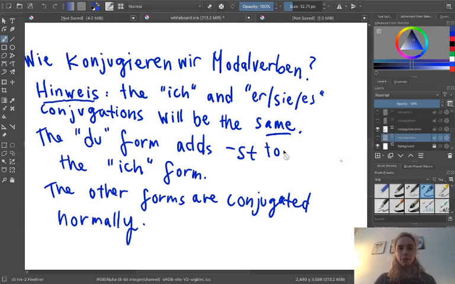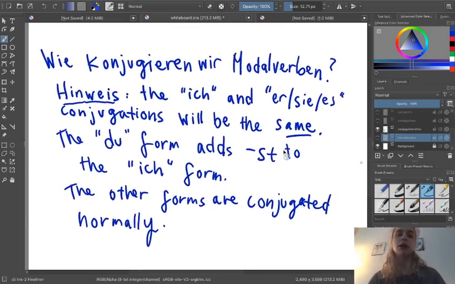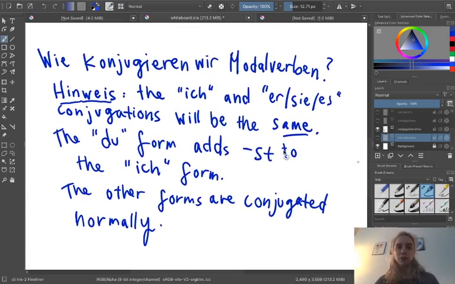So we can begin by recognizing a pattern with the conjugation, die Konjugierung of the modal verbs. So unser Hinweis hier, the ich form and the er/sie/es form are going to have the same conjugation, and we're going to use that form, the ich form, as the stem that we're adding our st ending to for the du form.